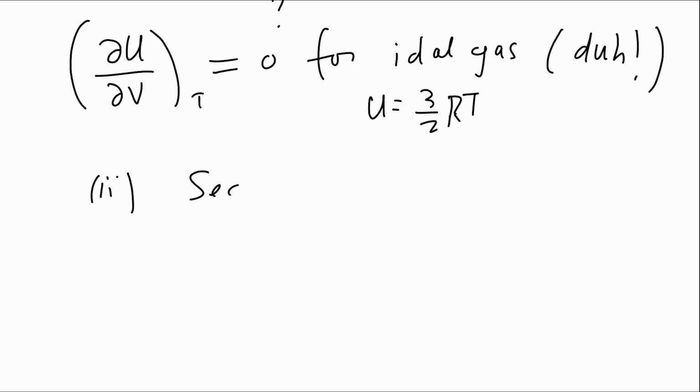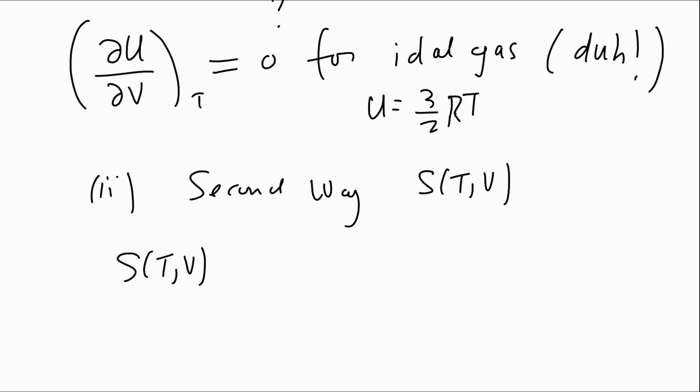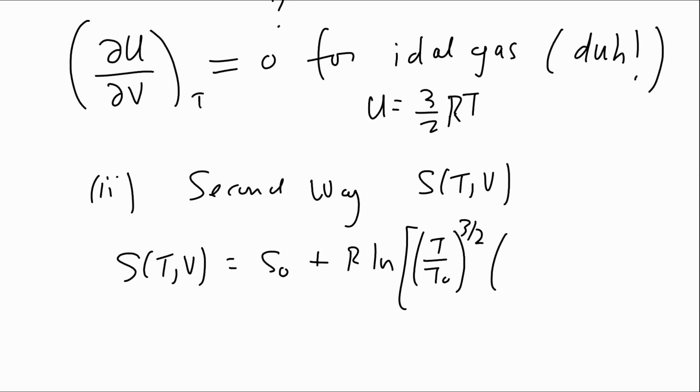The second way, we can use S as a function of T and V, right? S as a function of T and V is S naught plus R log of T over T naught to the 3/2 times V over V naught.